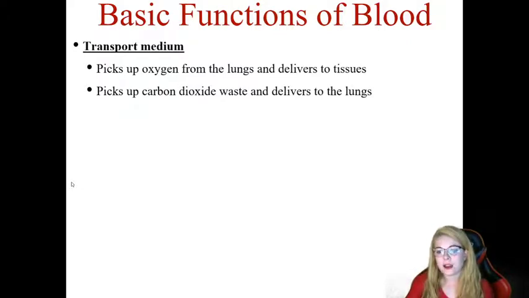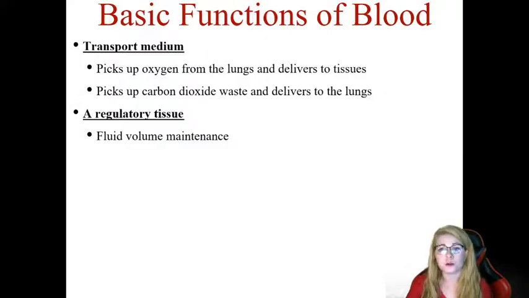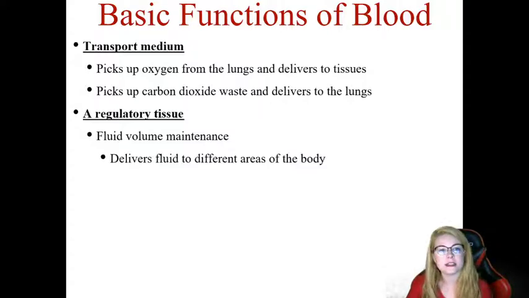The second overarching function of blood is that blood is a regulatory tissue, and it's involved in the regulation of a couple things. The first is the regulation of your fluid volume maintenance. What we mean by that is that it helps to deliver fluid to different areas of the body.